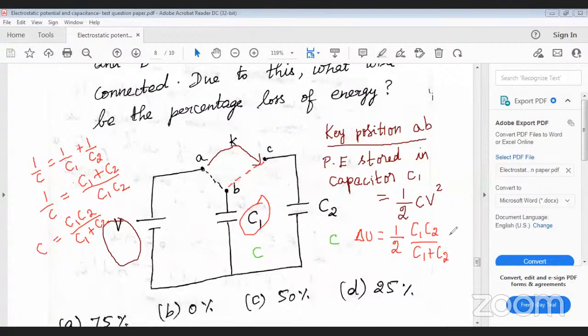So now what is the loss in potential energy? Half into C1 C2 by C1 plus C2. So this delta U is equal to half into, since C1 and C2 are equal and considered as C, C squared by 2C into V squared.